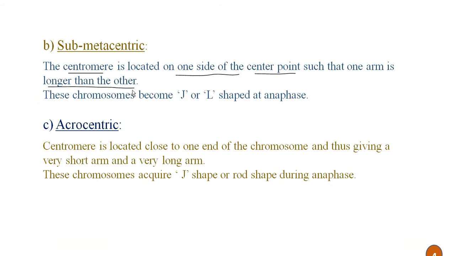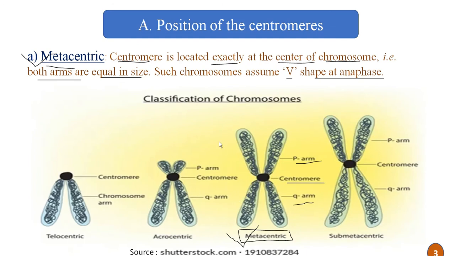We can see here in the previous diagram also, this submetacentric chromosome, having the P arm shorter, while this Q arm is longer. We can see here, this is not exactly located at the center, but just on one side. This is the center, and just one side or just above the center.